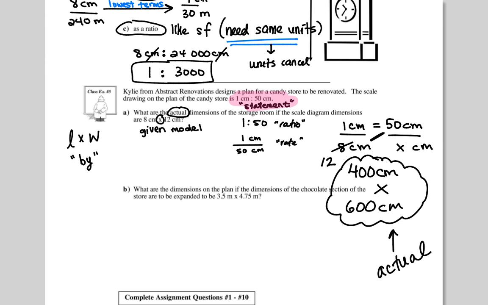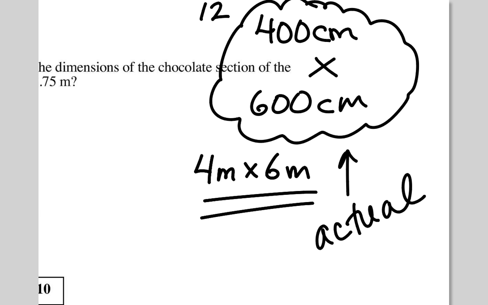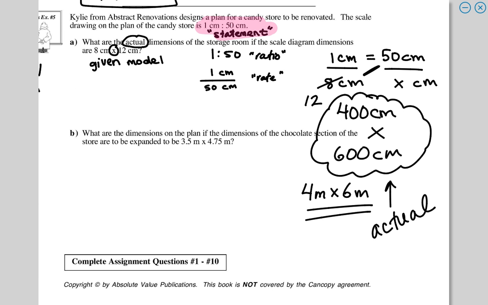Also, before we move on to part B, let's just convert this, because 400 centimeters, you would just say 4 meters by 6 meters. That's how I would communicate that one. Just convert those back to meters. Now, if we look at part B, compared to what they did in part A. In part A, they gave us the model.